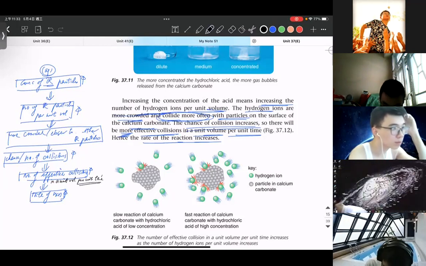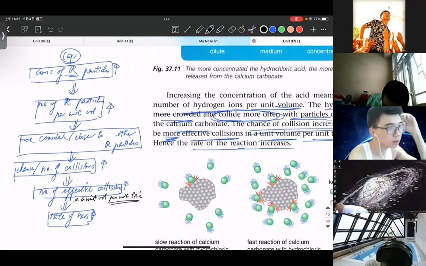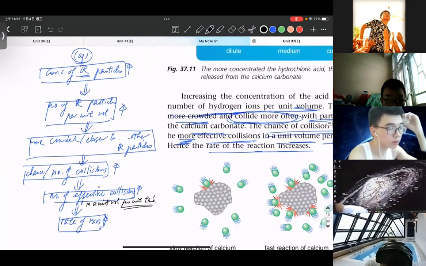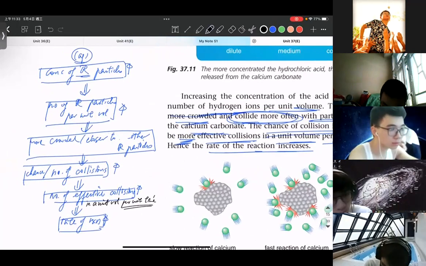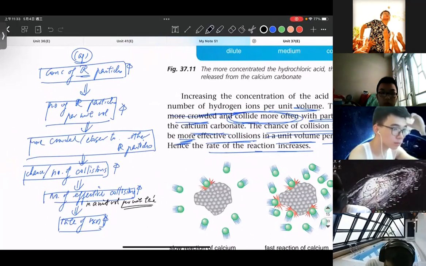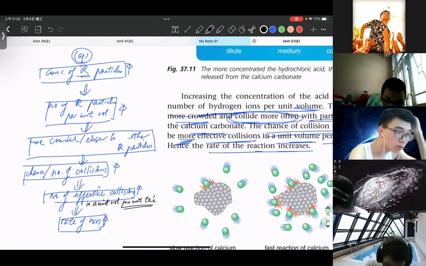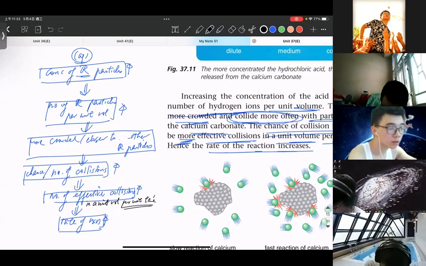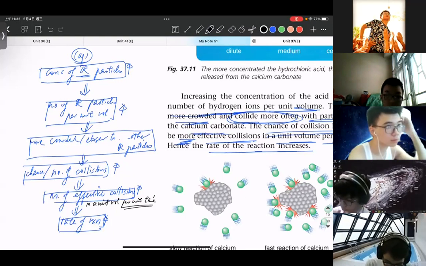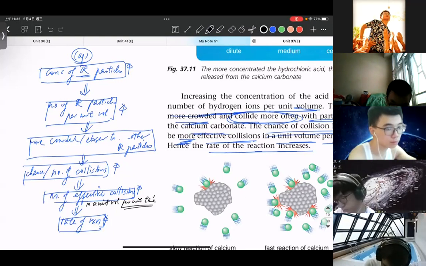Only by having the time concept will we get to know more about the term rate of reaction. Do you understand? Please remember the flow. So this is what we talk about in collision theory.